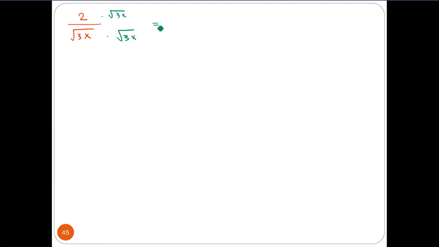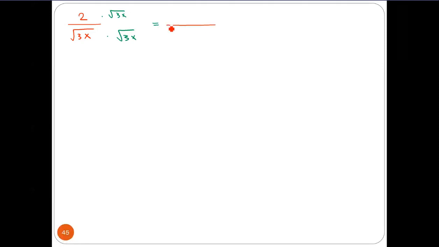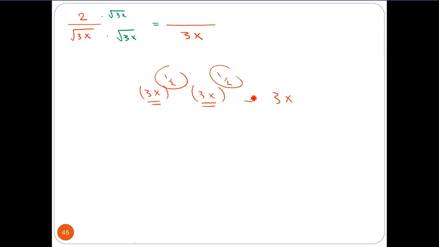So the result: radical multiplied by the same radical, square roots multiplied by the same square roots, equals 3x. صح ولا لا؟ بنشيل الراديكال. ليه؟ لأنه 3x قوة نص multiply by 3x to the power half نفسه. إذا نجمع الأسس شو بصير، 3x to the power 1. Okay.